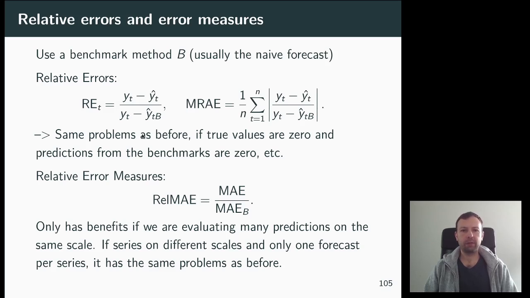So now you can get relative errors where you basically divide your error by the error that this benchmark is making. However, you still have problems if true values are zeros, predictions are zeros, or benchmark predictions are zeros. So not winning much. And now there is this other idea, relative error measures.